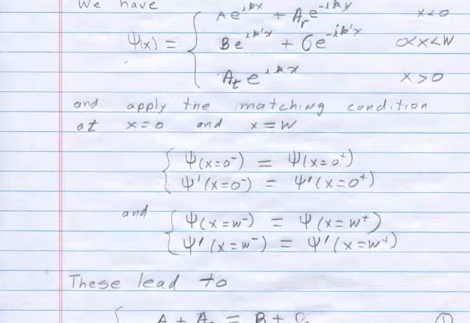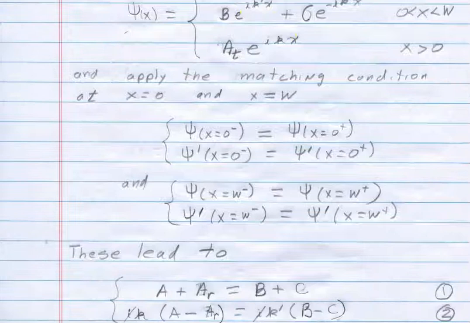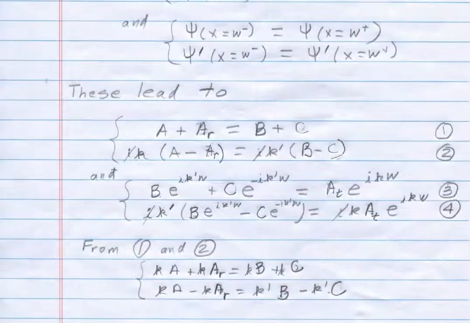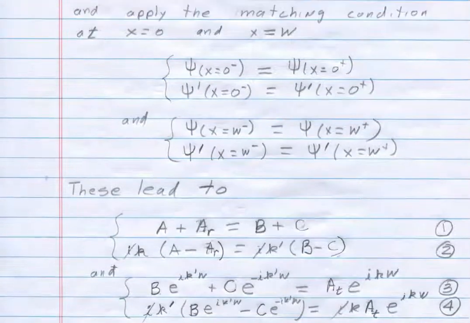I think you can maybe see, if I set the wave functions equal at 0, I'll have a plus r, when x is 0 these both become 1, is equal to b plus c, and that's in fact our first condition. The derivatives are similar.